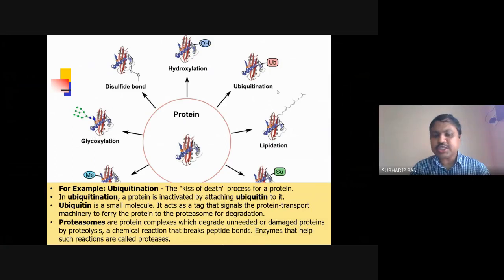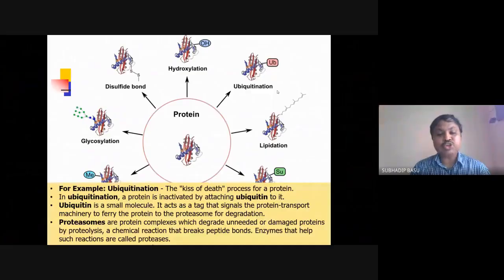So ubiquitin is a small molecule. This acts as a tag that signals the protein transport machinery to ferry the protein to the proteasome for degradation. What is a proteasome? Proteasomes are protein complexes which degrade unneeded or damaged proteins by proteolysis.